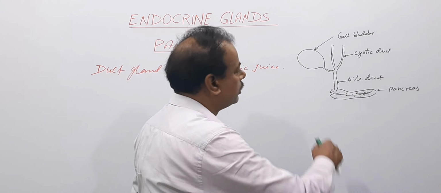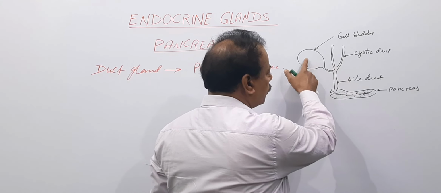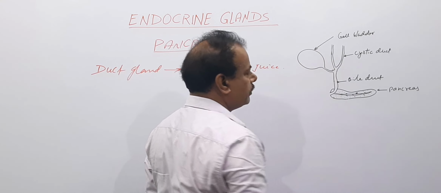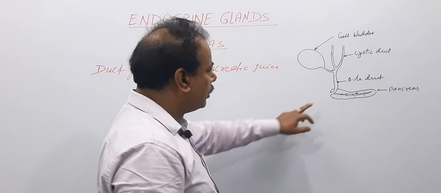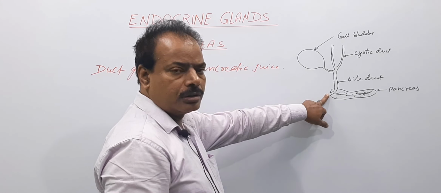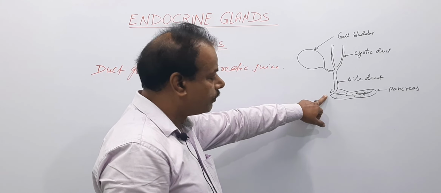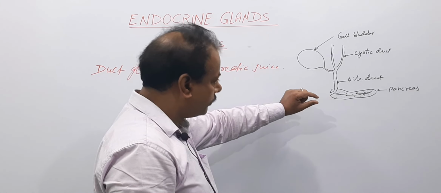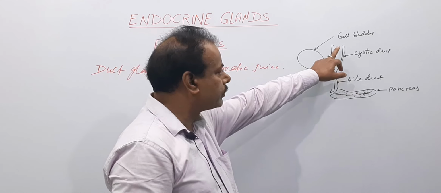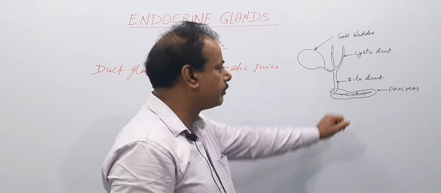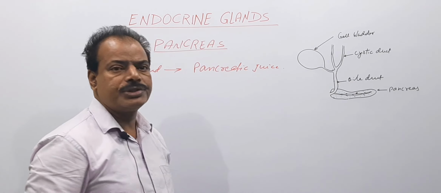It is connected with the gallbladder as well as the liver. This is the opening of the common hepatopancreatic duct, which pours secretions from the liver as well as the pancreas into the duodenum, which helps in digestion.